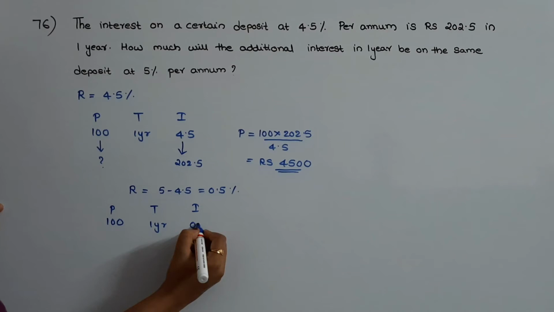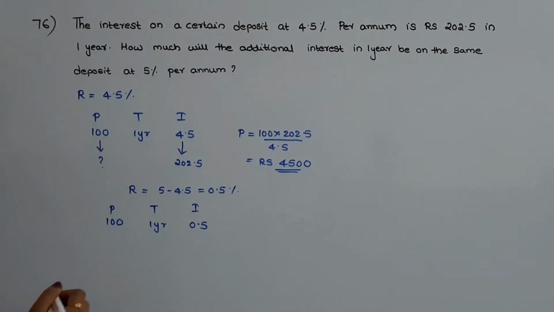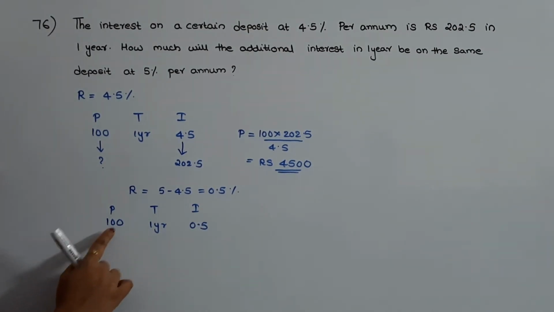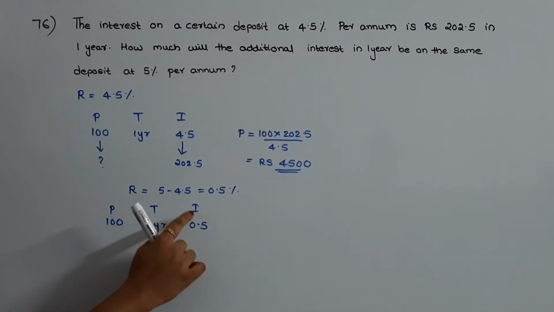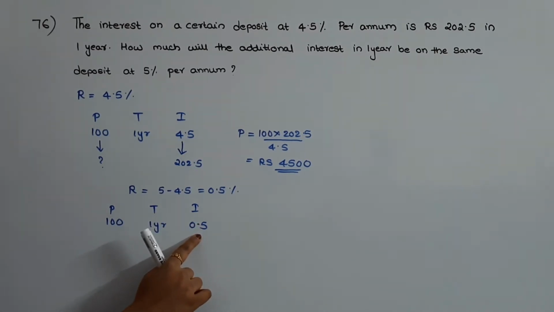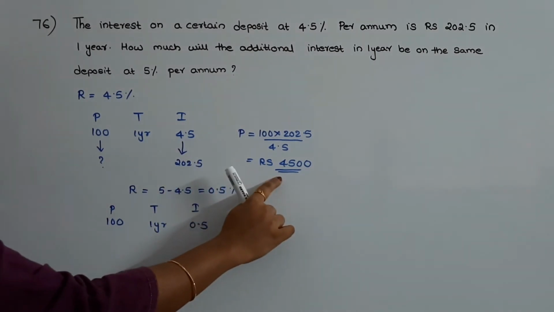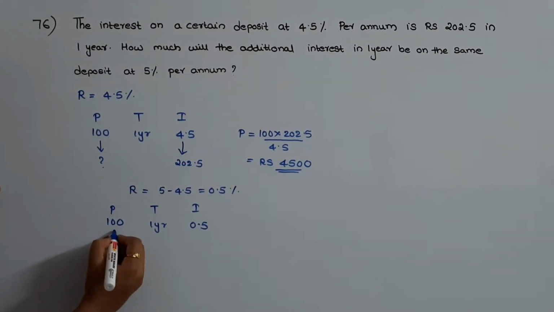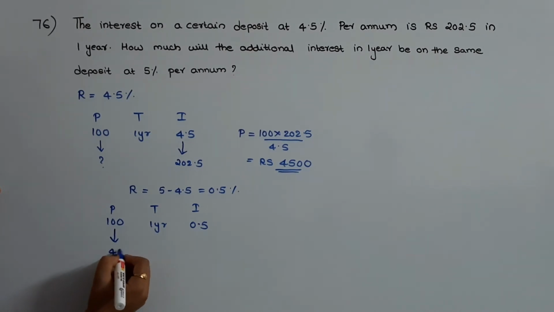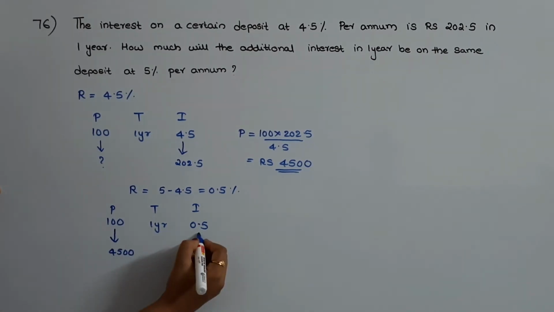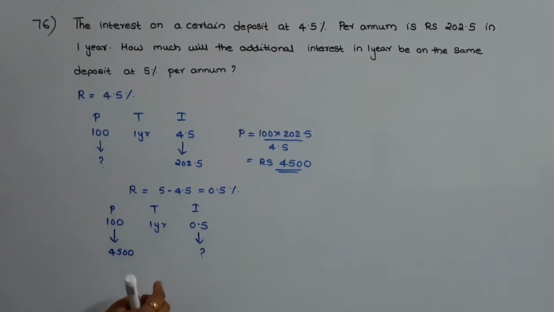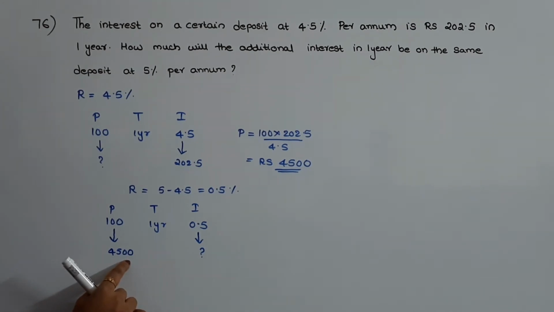So that will be equal to 0.5. So when the principal is 100, difference in interest is 0.5. But we need to find out the difference in interest when the principal is 4,500. So if 100 can be represented as 4,500, how can we represent 0.5? On finding this value, you will get the value of the difference in the interest when the principal is 4,500.